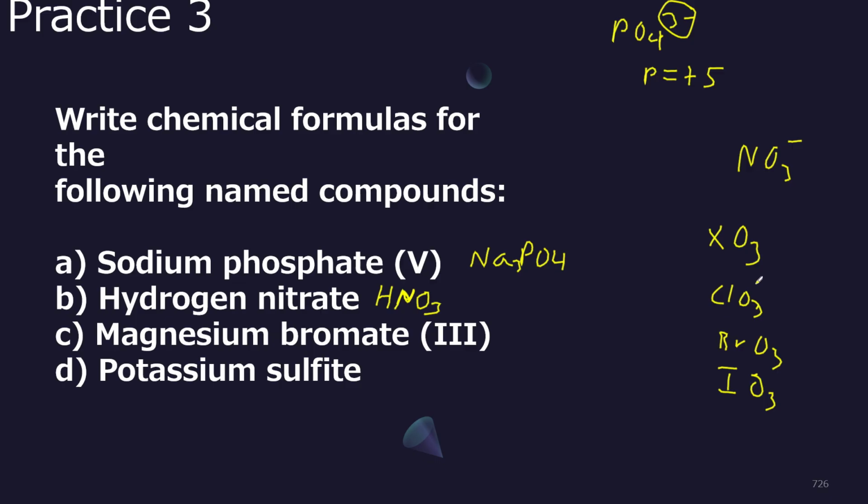Now, we can also have per versions of this. So perchlorate, perbromate, periodate, perfluorate. These will have extra oxygen or oxidation. So you're going to have XO4.